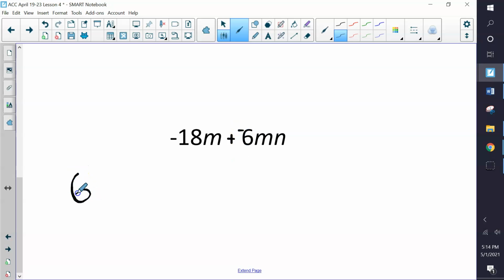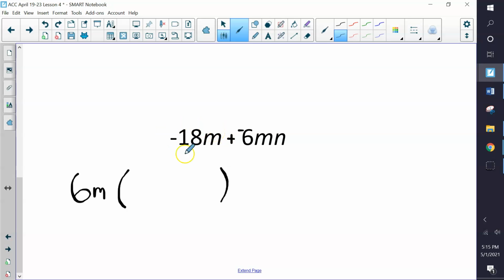And if we factor 6, 6 is not the only common factor. I know there's 3 also, or 2, but there's also the letter m. The variable m is also common in both of those. So we can factor out an m as well. So let's just take out 6m. Factoring variables is super easy. You just take the variable out.